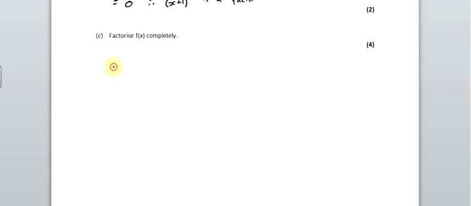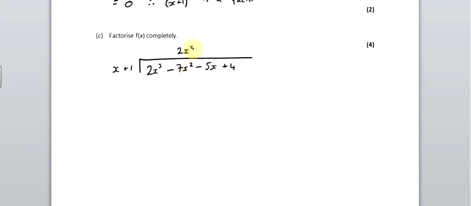So we're going to take our x plus 1, and we're going to divide 2x cubed minus 7x squared minus 5x plus 4. So here we go. X goes into 2x cubed, 2x squared times.